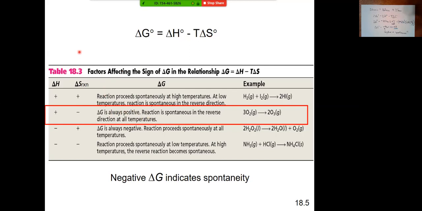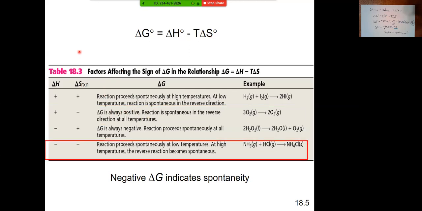That's no good. The two iffy conditions are when your reaction is exothermic, but your system is becoming more ordered. So if this delta S is negative and this delta H is negative, yeah, it depends on temperature.